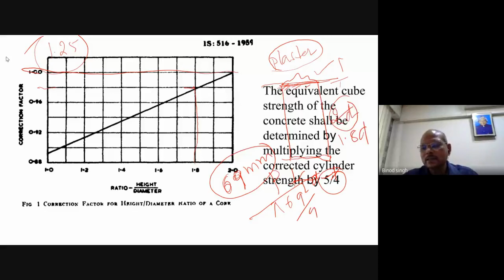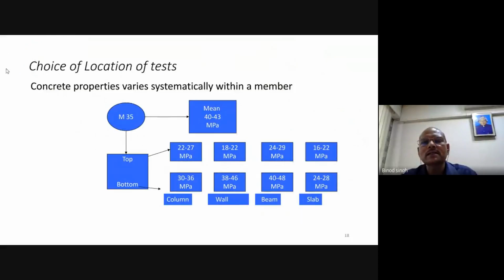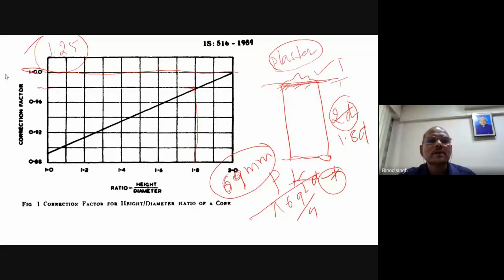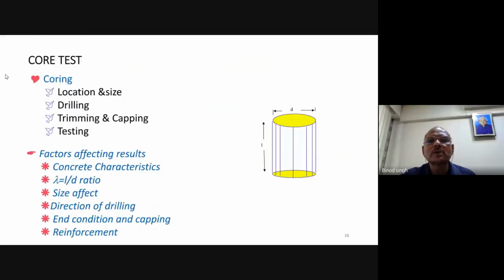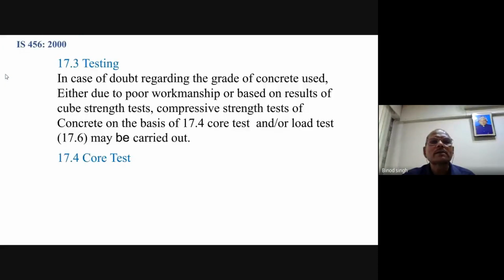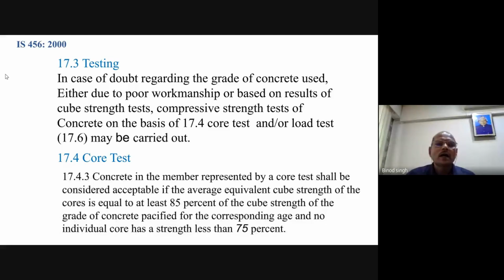So what does this say? You have seen here, in this code, what do they say? The concrete in the member represented by a core test shall be considered acceptable if the average equivalent cube strength of the core is equal to at least 85% of the cube strength of the grade of concrete specified for the corresponding age, and no individual core has a strength less than 75%.